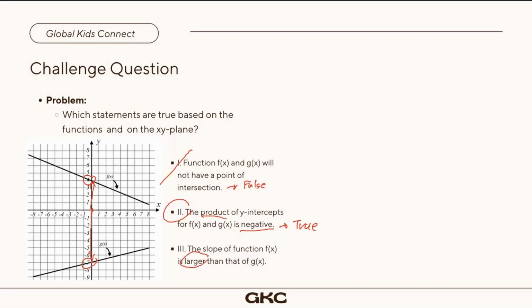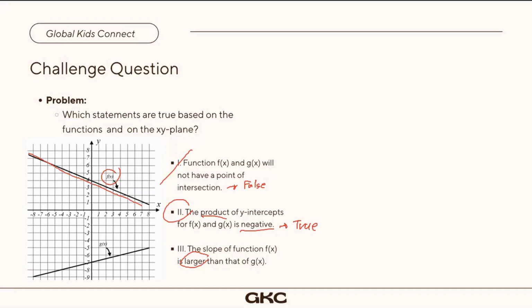And so by larger, you can mean if they're both positive, the greater number. However, if one is positive and one is negative, the positive one will be the greater one. And so just taking a quick look without any mathematical equations or solving anything, we can see that for f of x, the top line, the slope is sloping downwards.